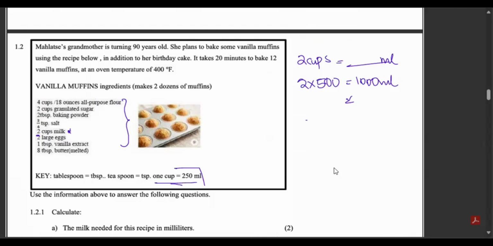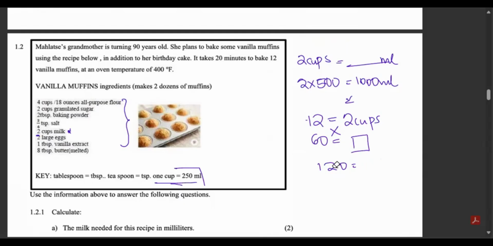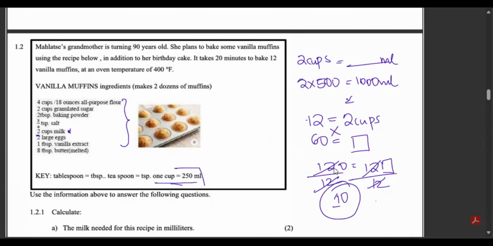So we say if 12 muffins need 2 cups, what about 60? Simply cross multiply, then just divide through by 12. So here the answer becomes 10.